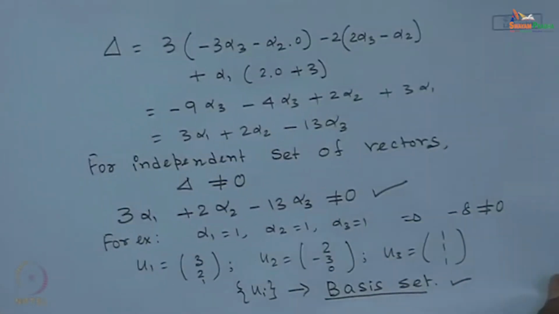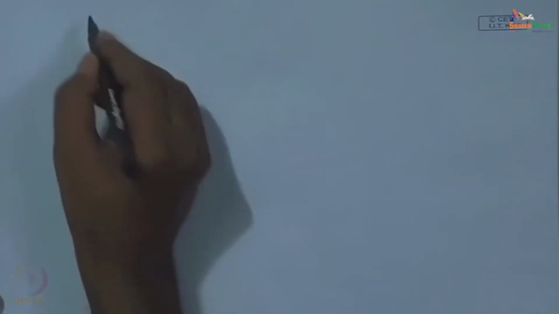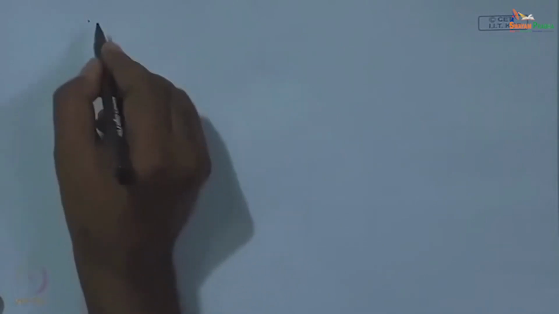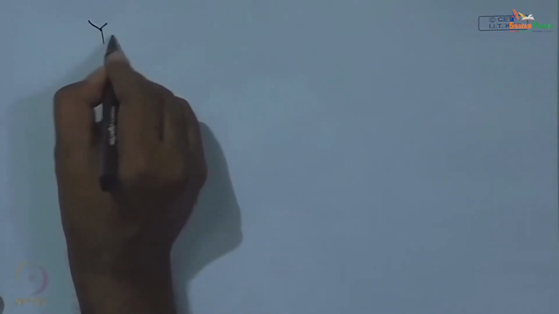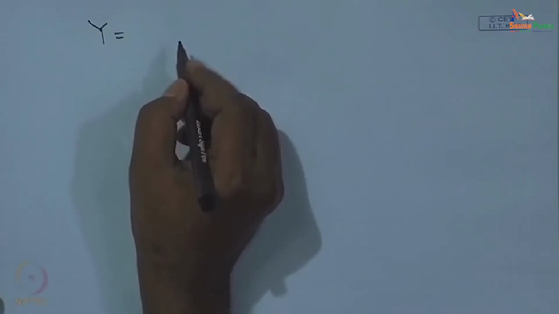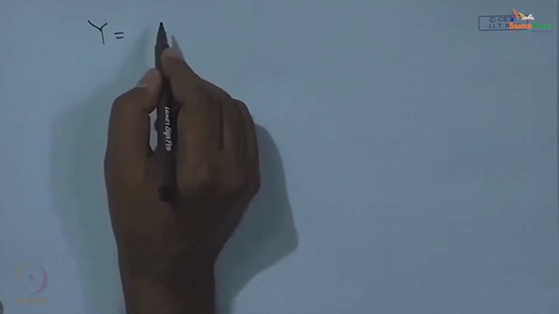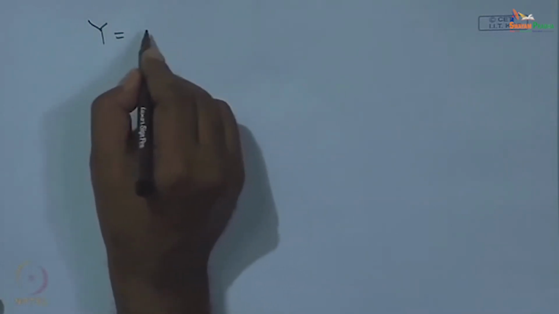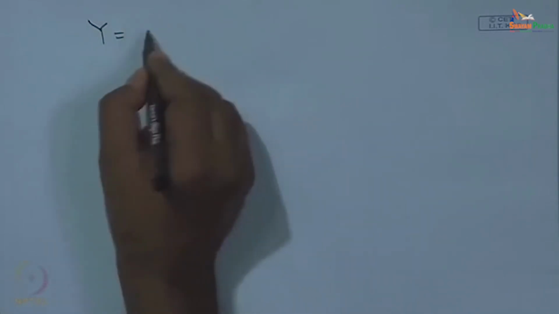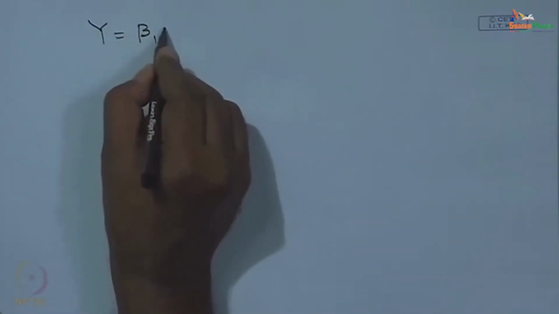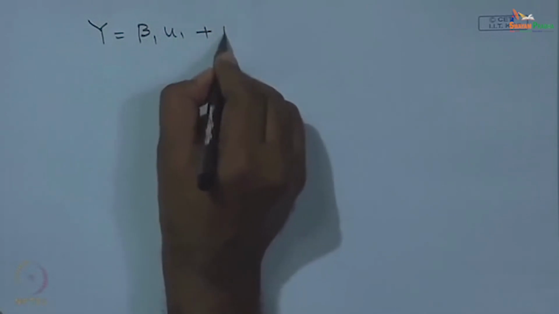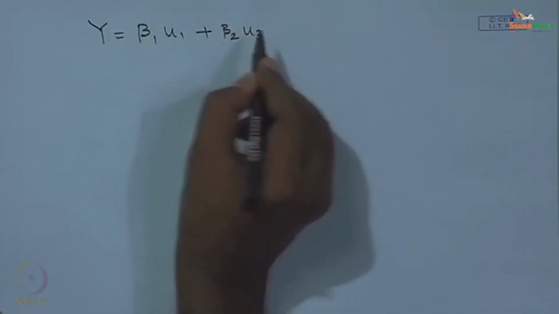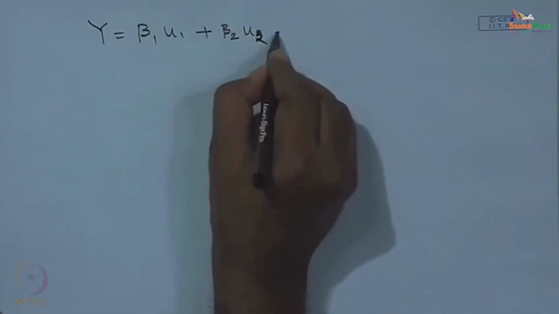Okay. Next, we move to the topic of Gram-Schmidt orthogonalization. As we have said, any fourth vector in the space can be expressed as a linear combination of the three basis set vectors in R3 space, or for that matter in any space. Let us consider an R3 space, which will be easy to comprehend.